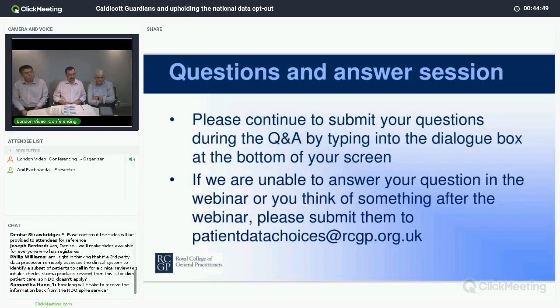That is correct. So anything where you're going to be dealing directly with looking after the patients, that is patient care, and the national data opt-out does not apply.